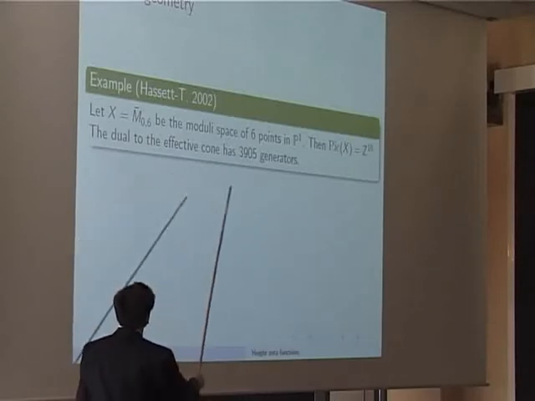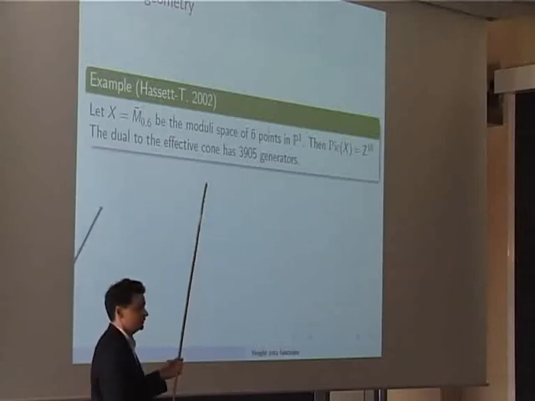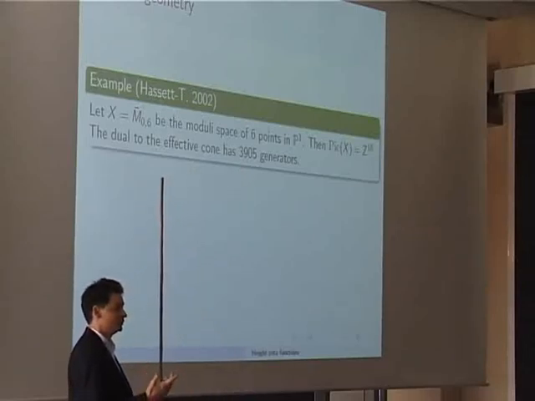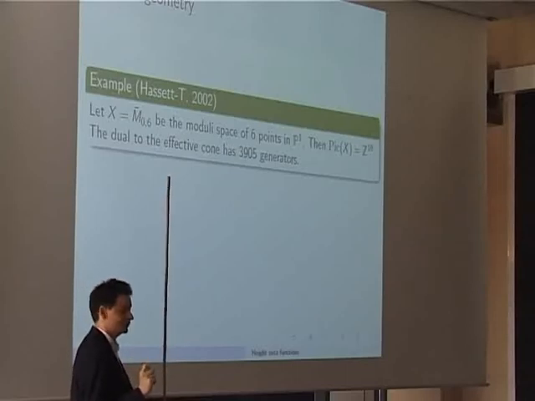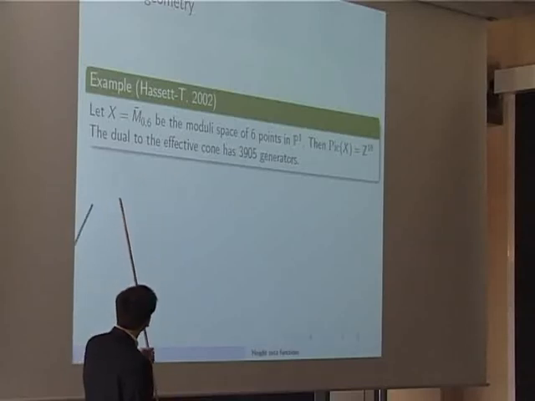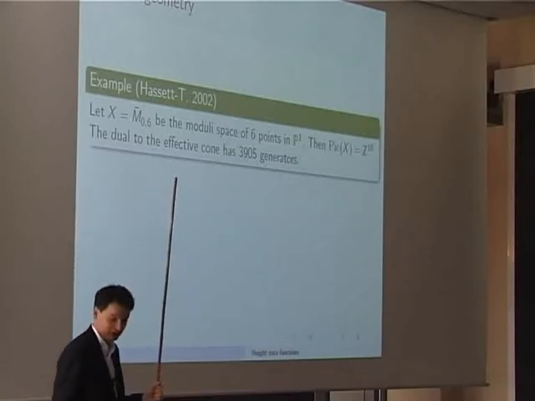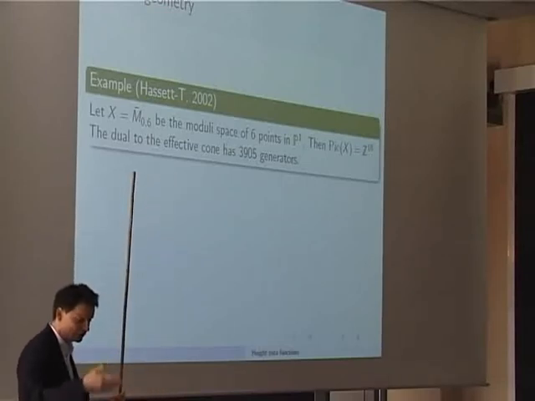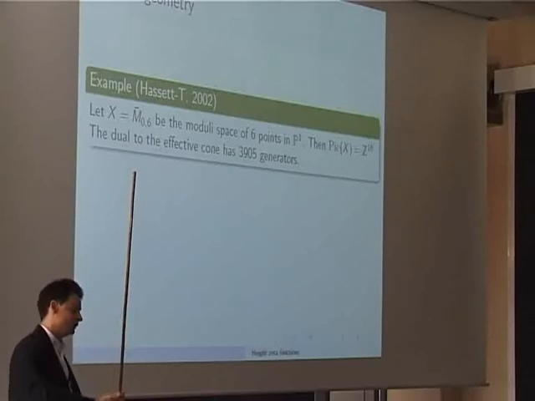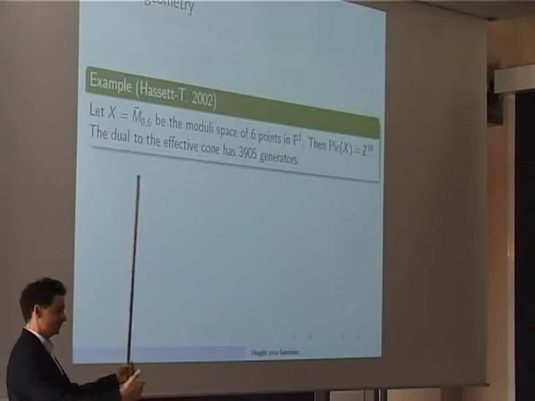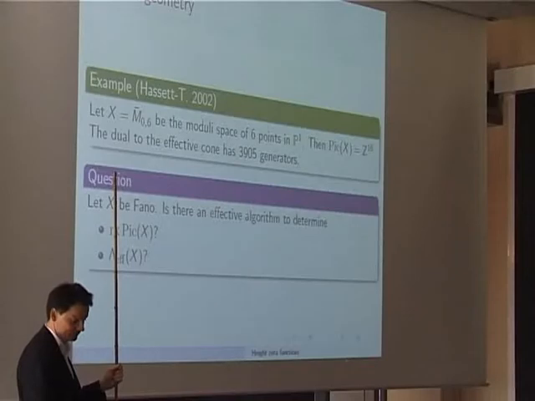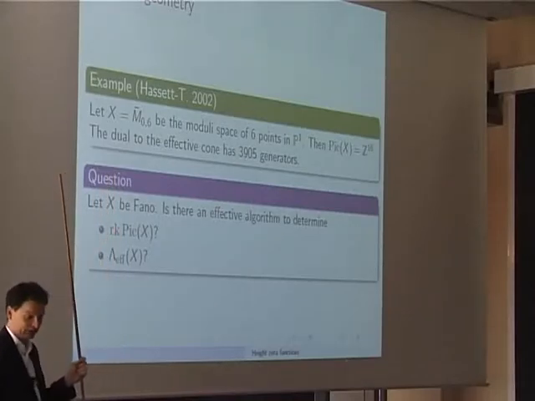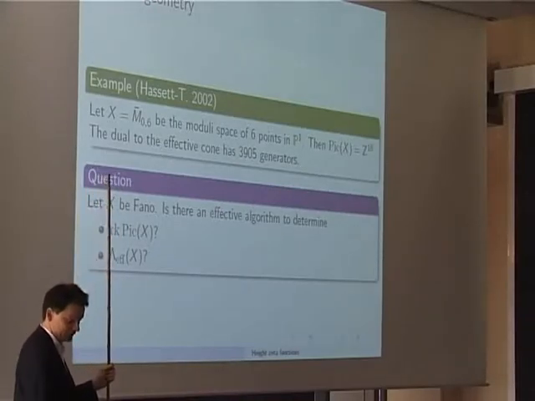I wrote down the number of generators for the dual to the effective cone, because it's the dual cone that is going to enter our number theoretic considerations later on. The effective cone itself has 40 generators, and the generators of the dual cone are the equations of the hyperplanes bounding the cone in the 16-dimensional space. It worked, but back then it took several days of computer time to get it.